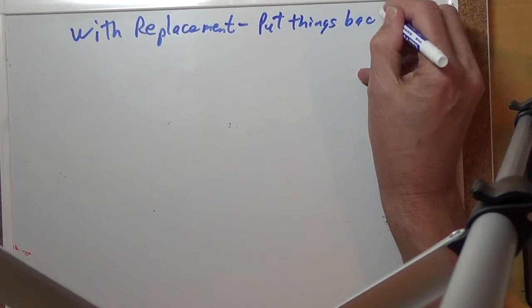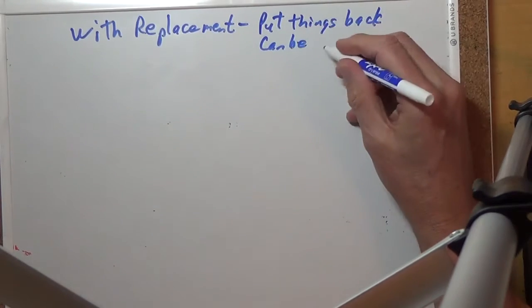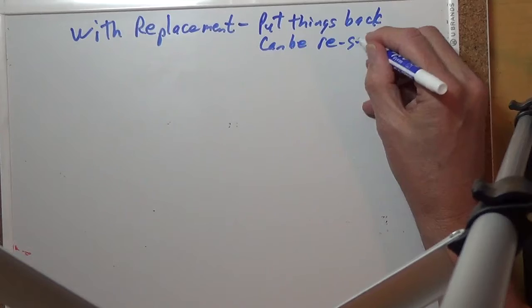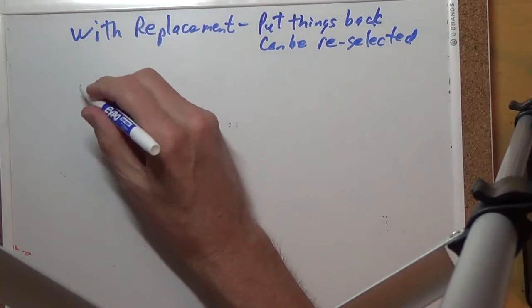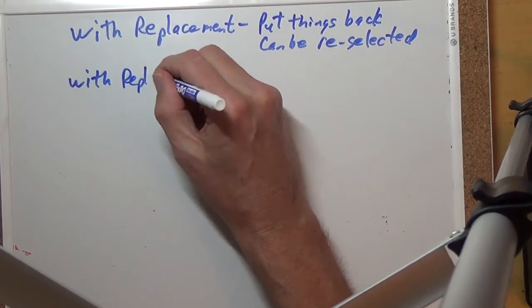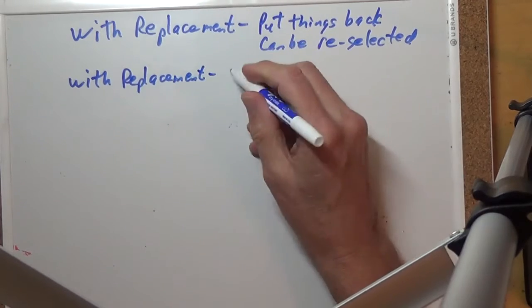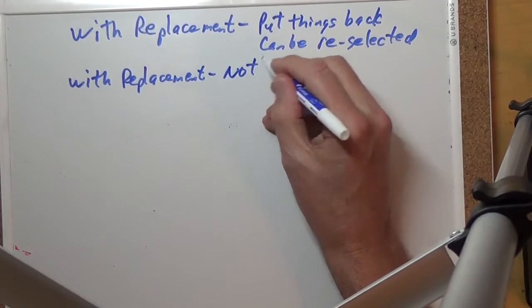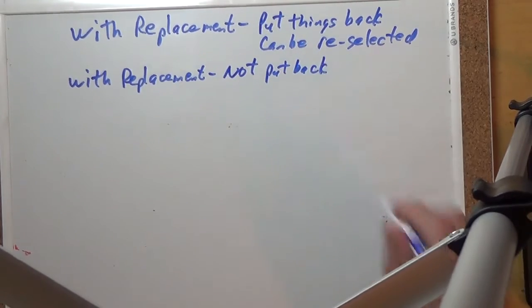They can be rechosen or reselected or reused or something. Without replacement, just the opposite. They're not put back.